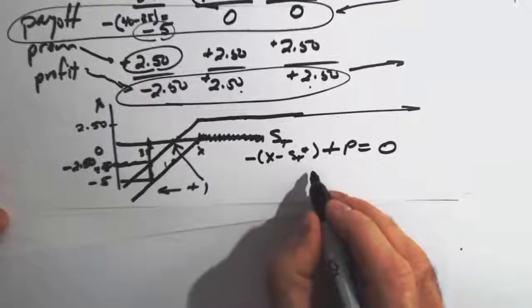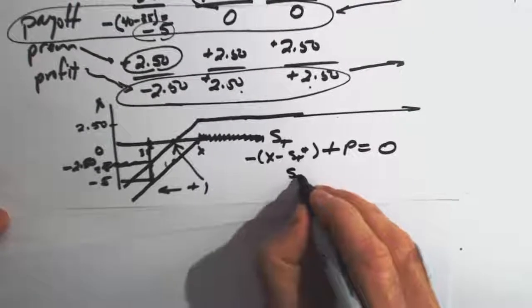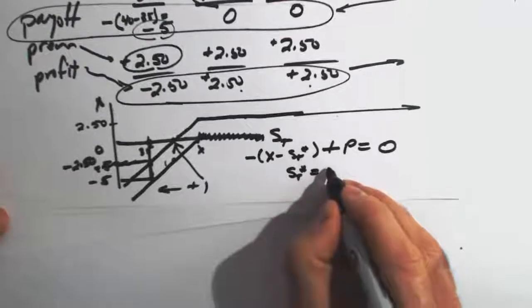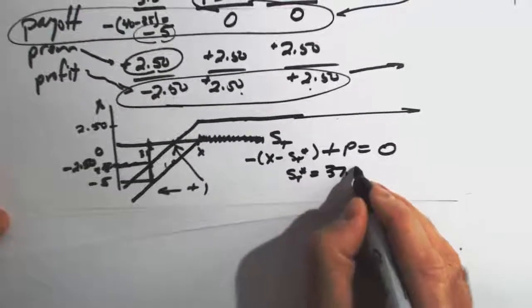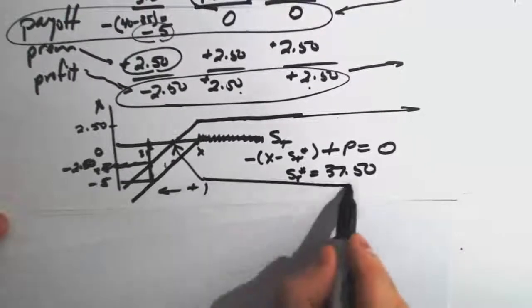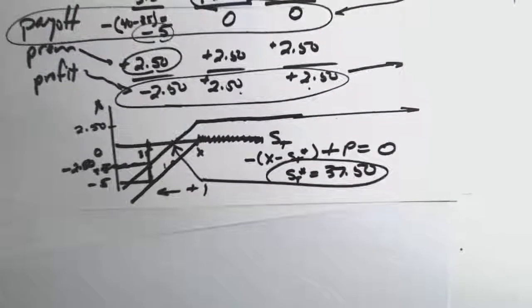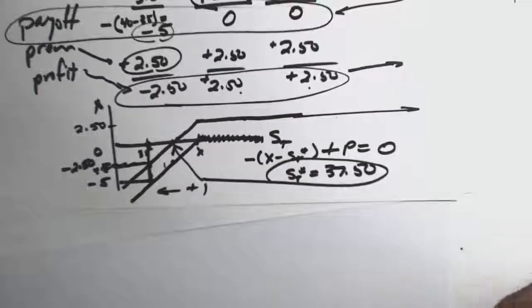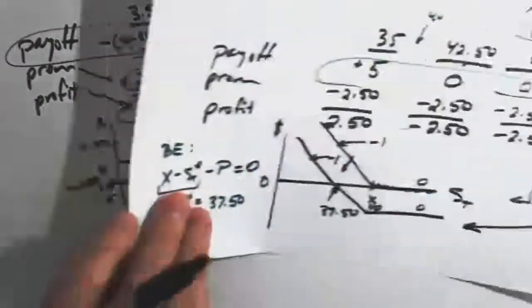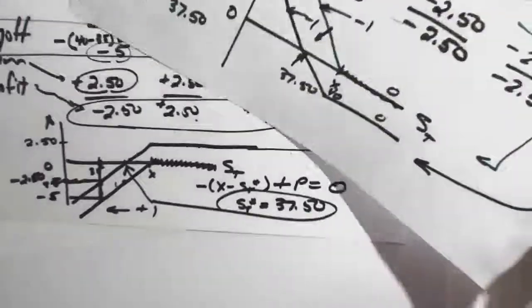If we plug the numbers in, I challenge you to plug the numbers in, you'll come up with 37.50 as the break-even point. Okay? And so what you see, comparing the short put versus the long put, the two, you have a situation that looks like this.